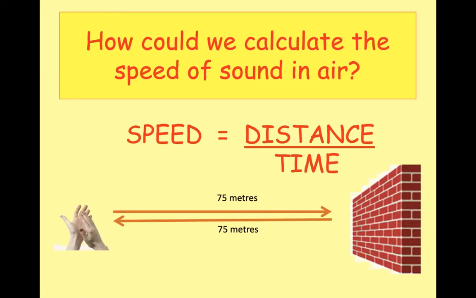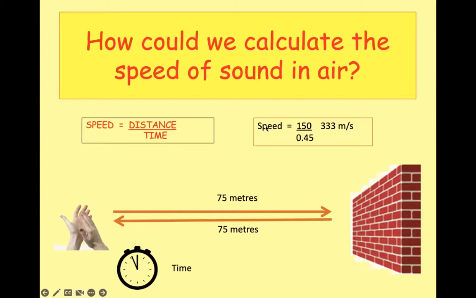So the distance is 150 meters. Because the speed of sound in air is 333 meters per second, the time taken to travel will be 0.45 seconds. So we use speed equals distance over time as the formula to calculate the speed of sound in air.